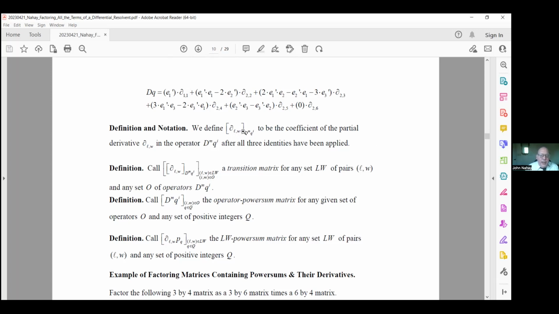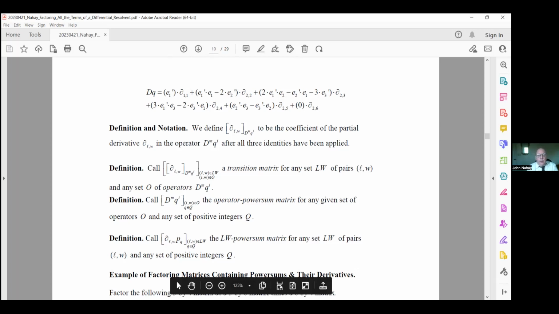I'm actually hiding the basis here, because the third identity you can repeat arbitrarily, to higher and higher orders. So by definition, we call the matrix containing these coefficients of these partials for these operators a transition matrix, for any LW pairs and any set O of operators DMQI.